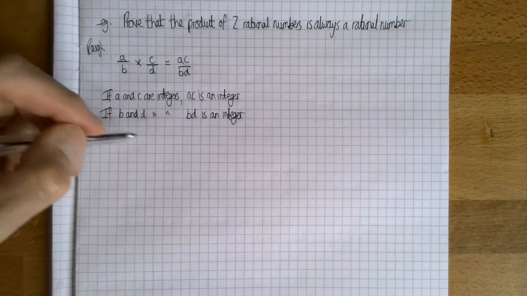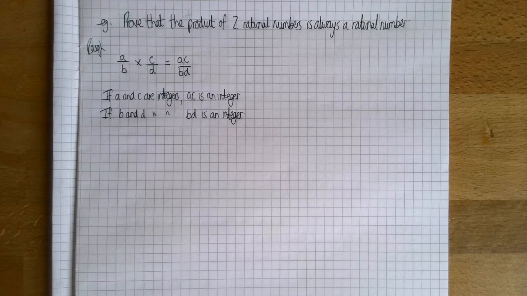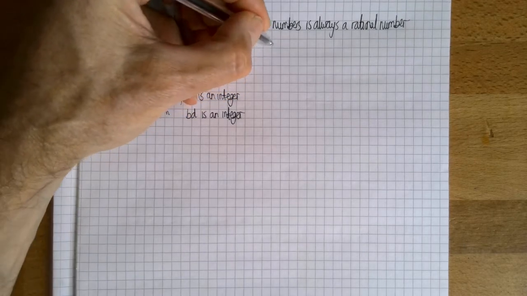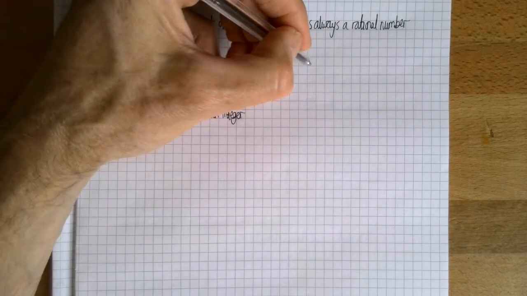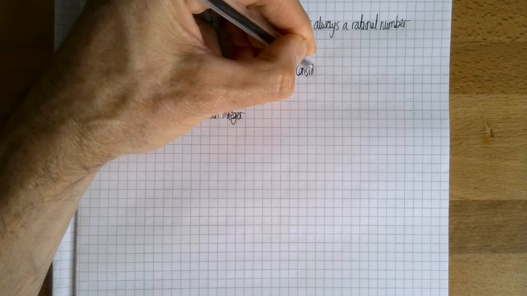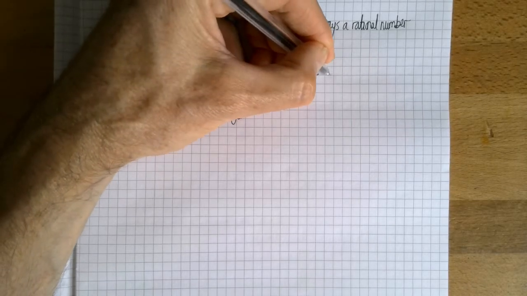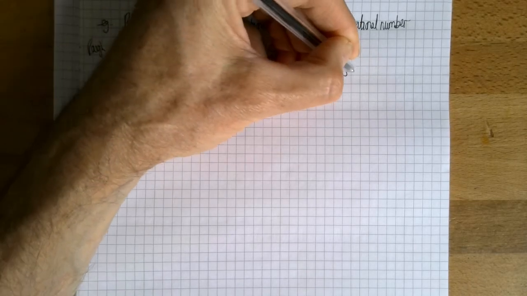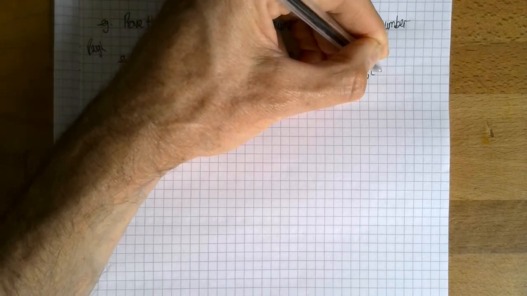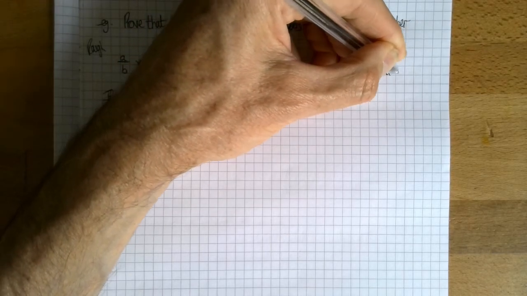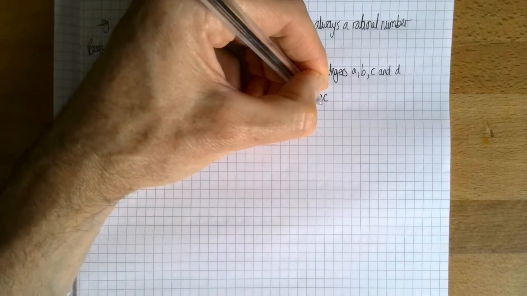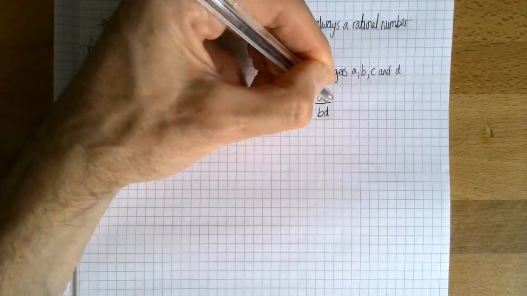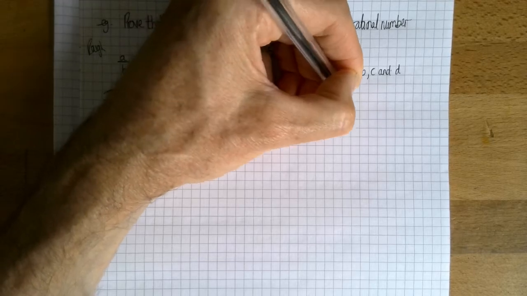So that's my rough working, and all I'm going to do now is just do my proper solution in reverse. So I'm going to say, right, consider integers A, B, C, and D. AC over BD is rational.